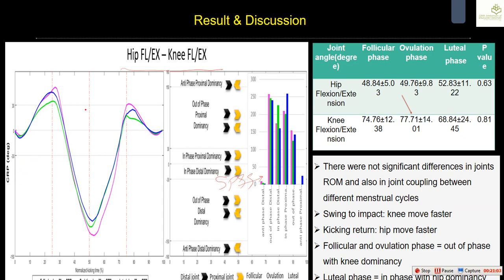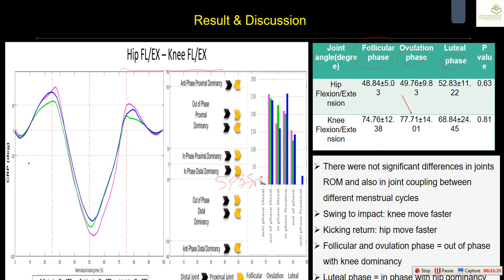Also, we calculated the joints' range of motion and compared it between different menstrual cycles. As you can see, there weren't significant differences in joint range of motion between different menstrual cycles for hip flexion extension and knee flexion extension.